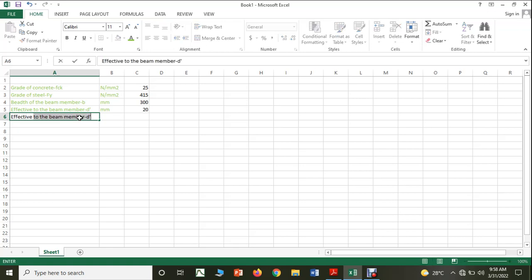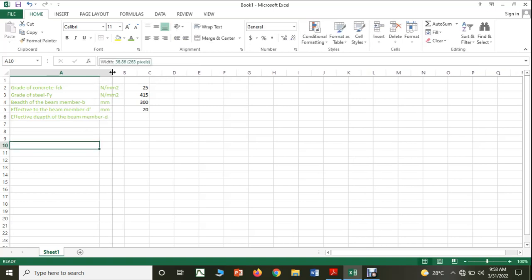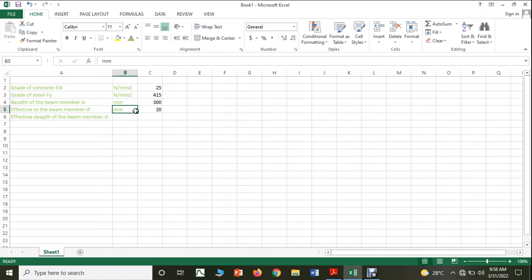The effective depth of the beam member will be small d, in mm, and let us give it as 480 mm.